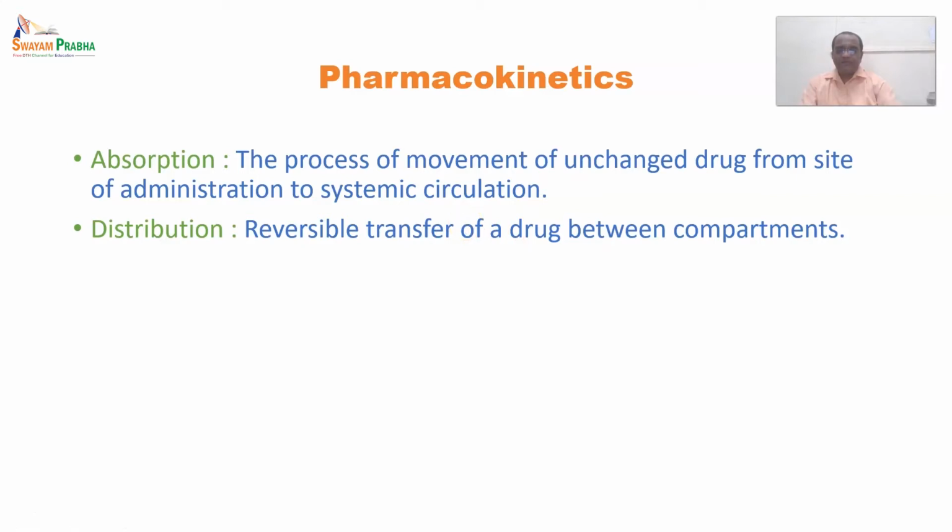So it requires certain properties, and only then will it come towards the site of action to show a pharmacodynamic effect. It is important to understand that it is a reversible transfer. It means that it maintains an equilibrium between the two compartments, and so the drug is distributed into different tissue compartments. So it is a crucial stage to bring a drug to the site of action.